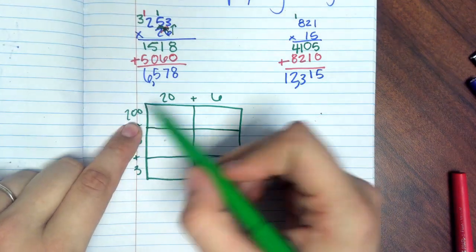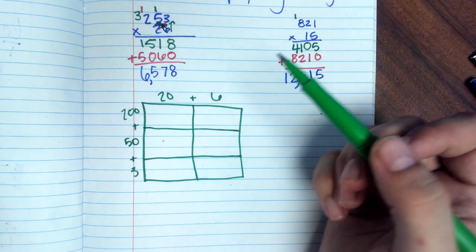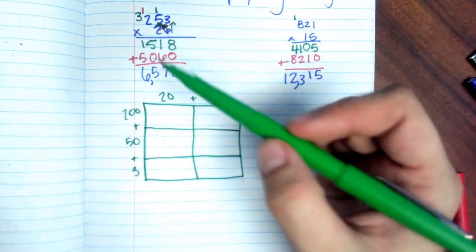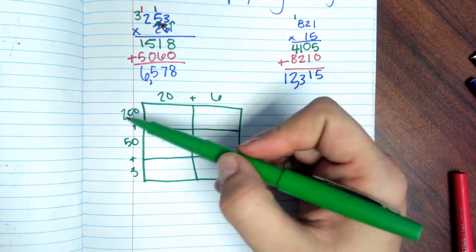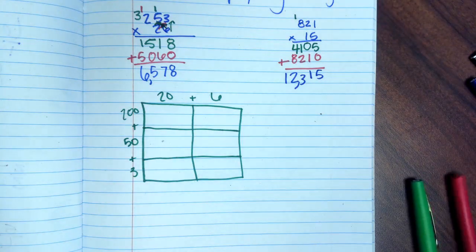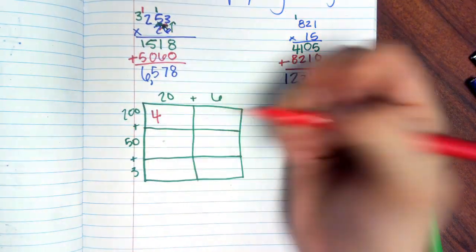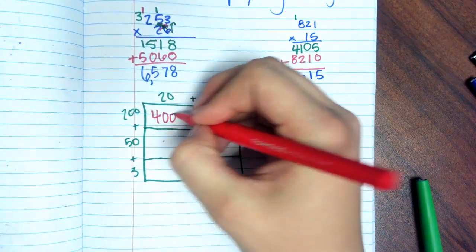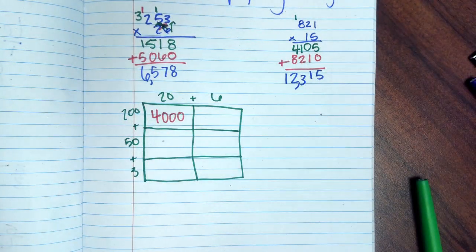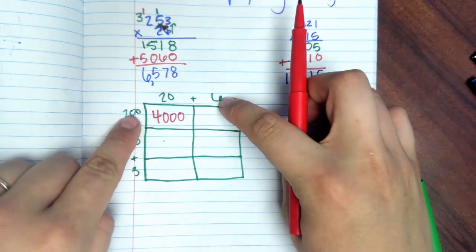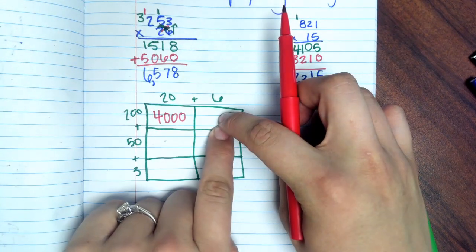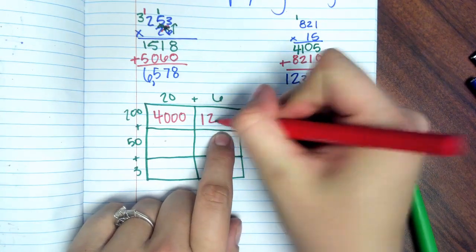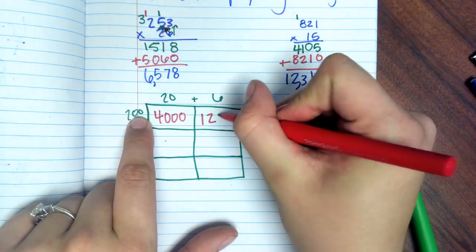So I first have 20 times 200, and that sounds really scary, but I can ignore my zeros and say 2 times 2 is 4, and I have 1, 2, 3 zeros, so I need to make sure I have 3 zeros over here. Next one, 2 times 6 is 12, and I have 2 zeros on my factor.